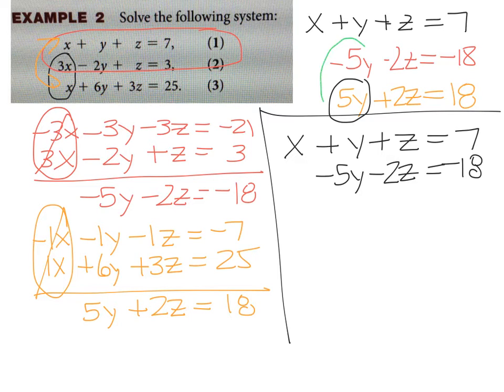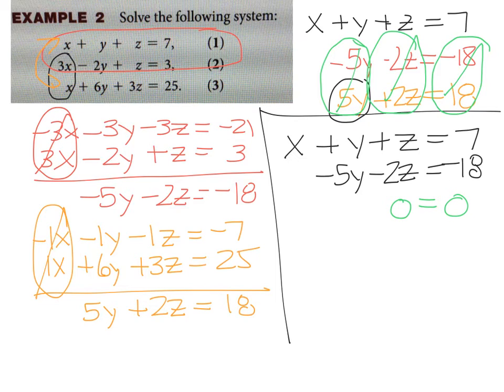So negative 5y and positive 5y eliminate. Negative 2z and positive 2z eliminate, which leaves you with nothing on the left-hand side. Negative 18 and positive 18 eliminate, which leaves you nothing on the right-hand side.